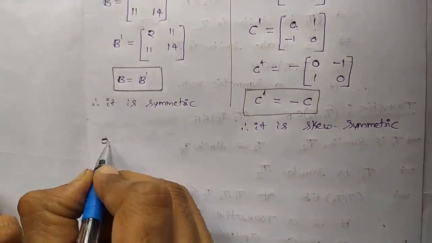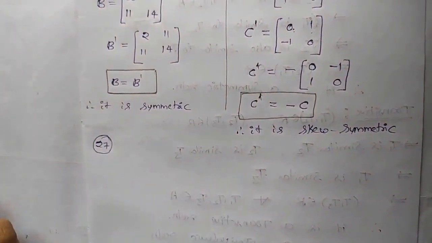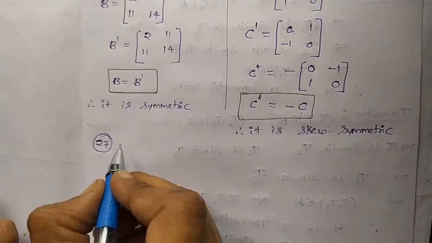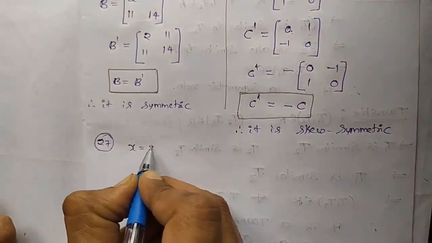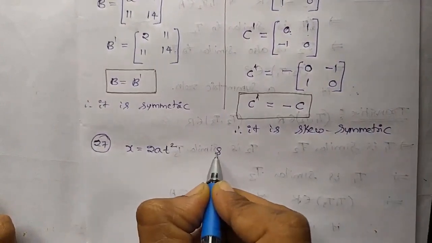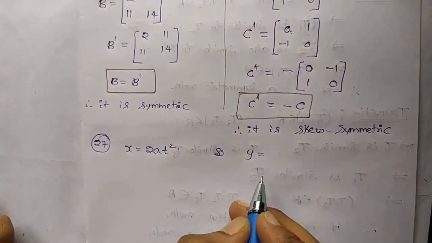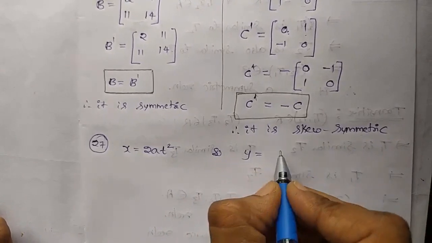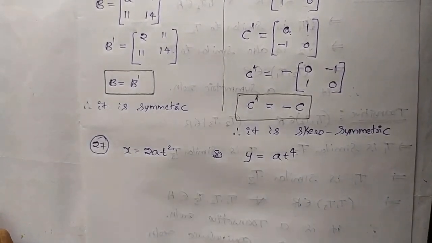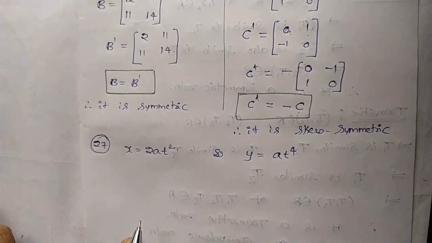See the 27th question in your question paper. If x equals 2at square and y equals at power 4, then find dy by dx. It is a parametric equation.